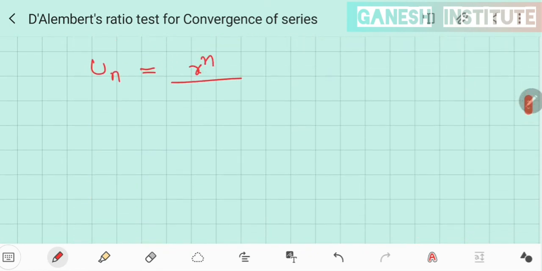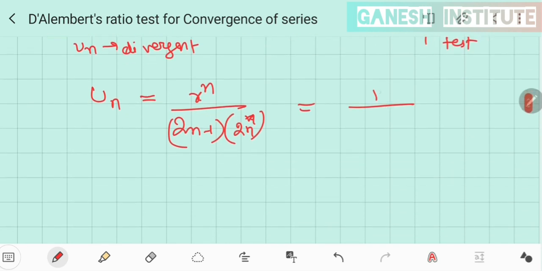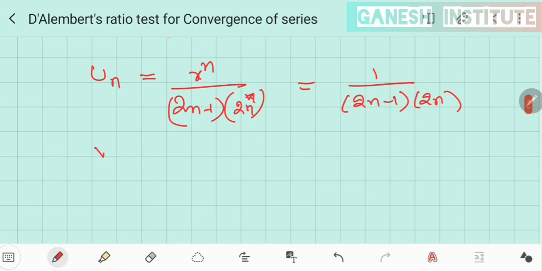Now, we are checking this at x equals to 1, so we are not taking x raised to power n, instead 1 raised to power n, which is 1, by 2n minus 1 2n, right? Now you need to find out or assume another series vn. Now what would it be? You can check out my comparison test video where I have already explained this.